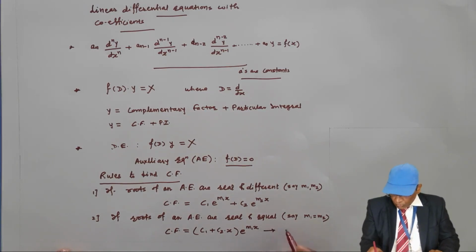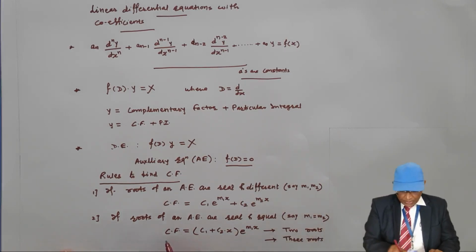This is for 2 roots. If there are 3 roots, M1, M2, M3 and all are the same, then the complementary factor will be what?